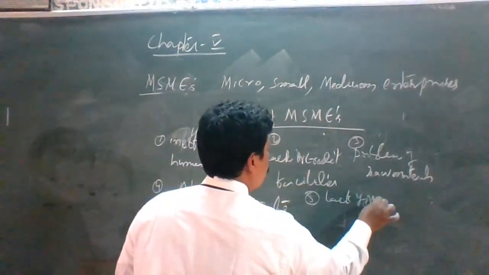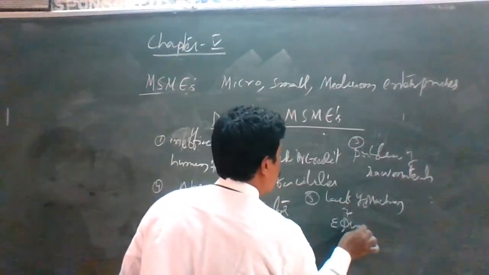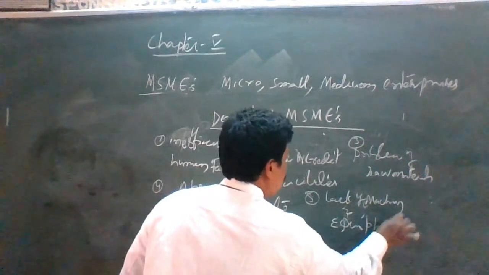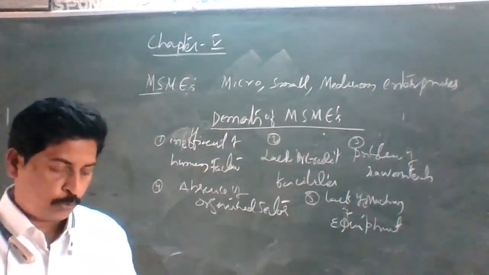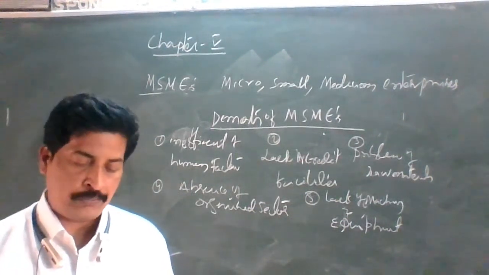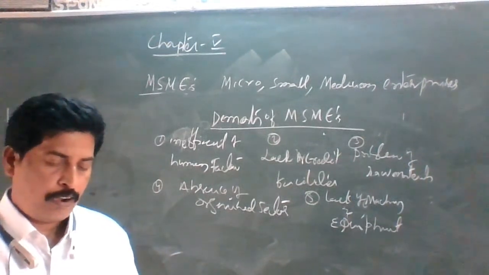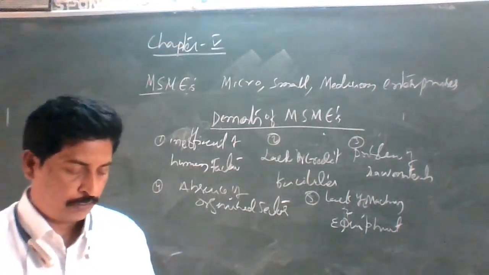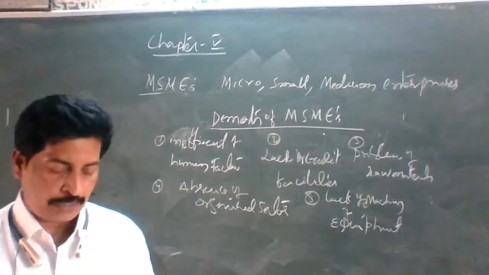And the fifth one is lack of machinery and equipment. This also leads to low productivity and small scale units. So lack of machinery and equipment leads to low productivity of MSME.